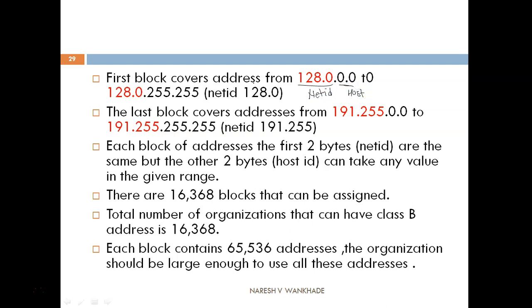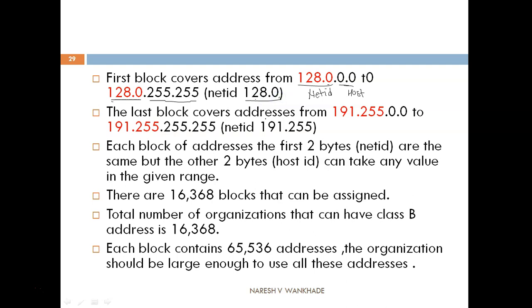And the first block covers addresses from 128.0.0.0 to 128.0.255.255, when network ID is 128.0. Network ID is of 2 bytes, first byte and the second byte.